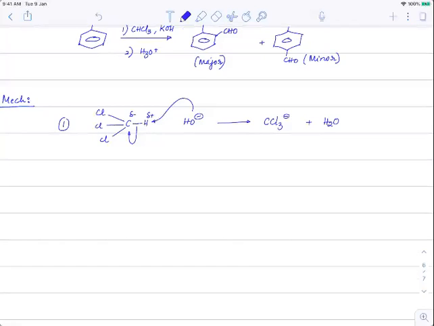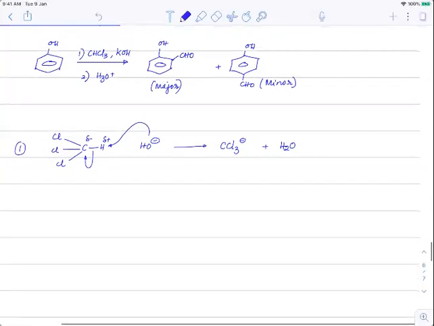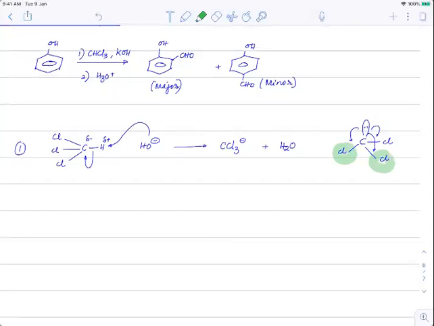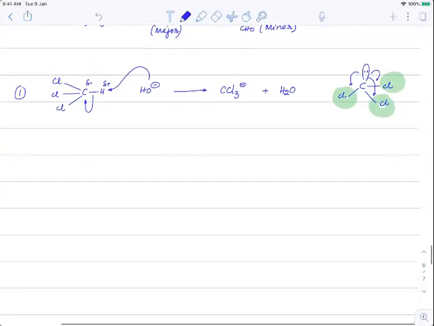The problem with CCl3 minus is that the lone pair which is present here, although it will go for back bonding, the chlorine atoms are very big in size. So it can't stay stable as CCl3 minus.